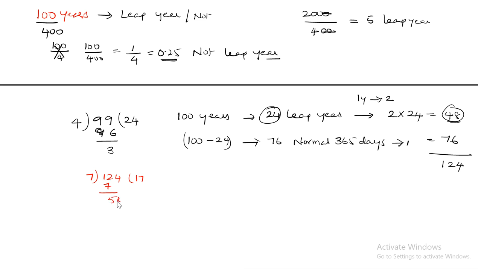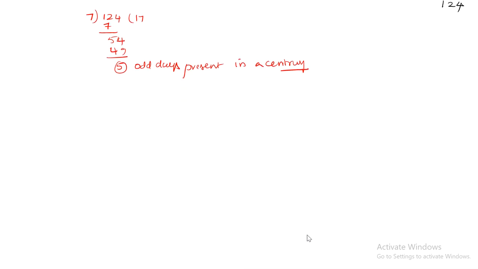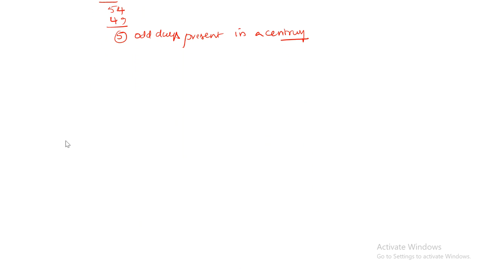Again we'll take 4, so 17 means 7 into 7, which is 49. So finally we have a remainder of 5, so 5 odd days are present in a century.